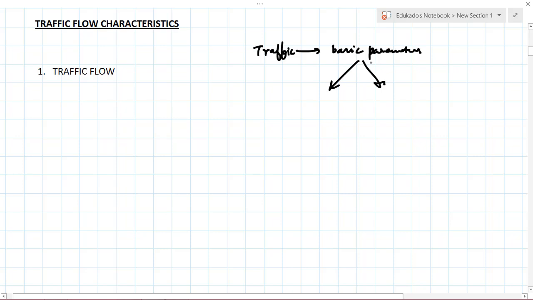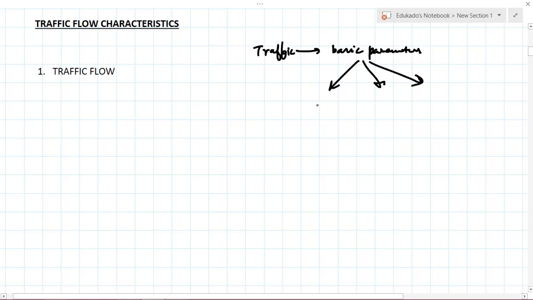So let's see something. Traffic obviously has a large number of parameters through which it can be studied, but if you talk about the major or basic parameters, they are of just three types.